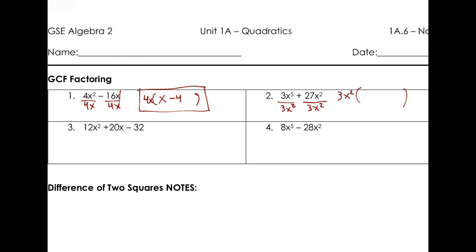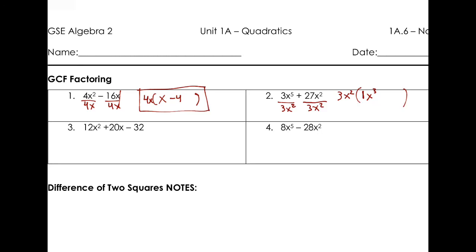So 3 divided by 3 is 1. No, we don't have to put that. Or if you wanted to, feel free. There's 1. Then you have a 5 minus 2. I'll use my pointer. 5 minus 2. For those of you that don't understand what's going on there, that leaves us with x to the 3rd.